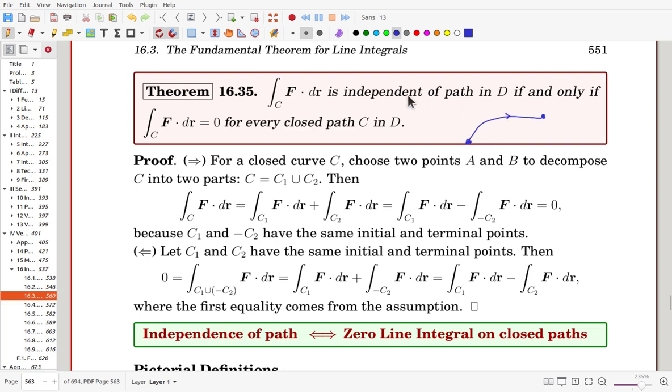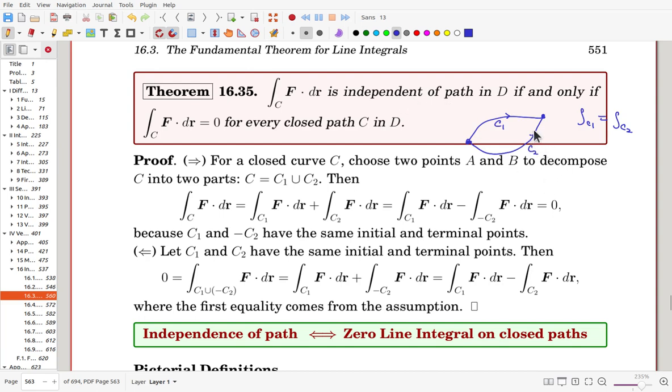Now, if it is independent of path, then even though we choose another path, so that's C1 and C2, the integral along C1 and the integral along C2 must be the same. We assume the integral is independent of path.